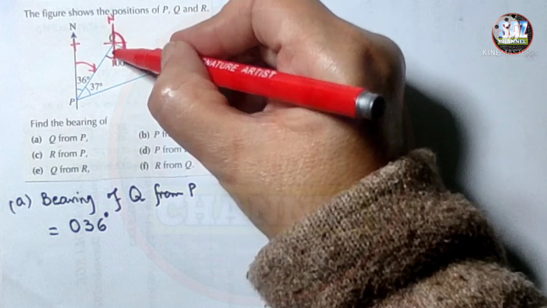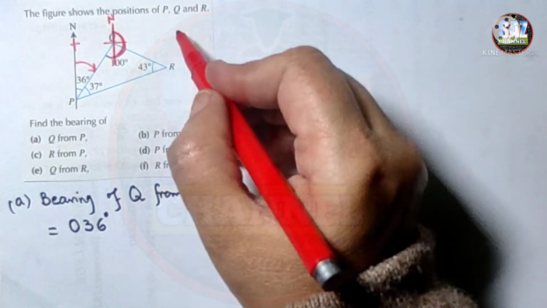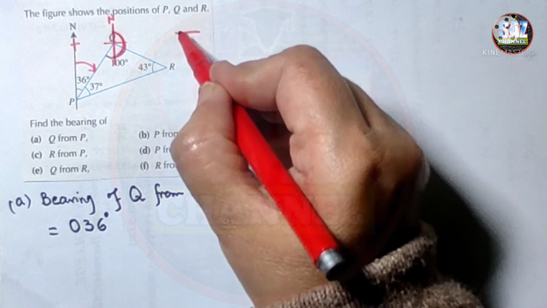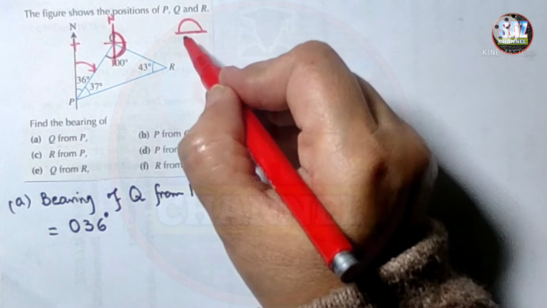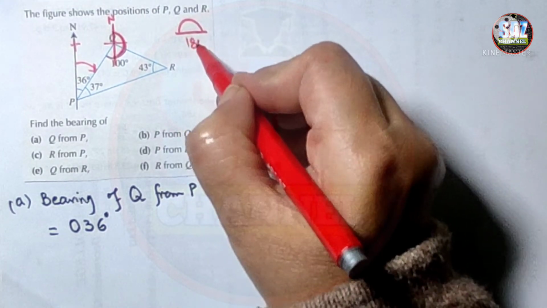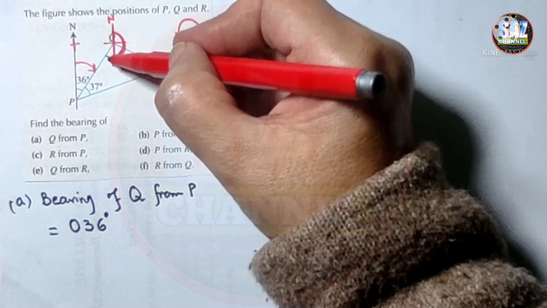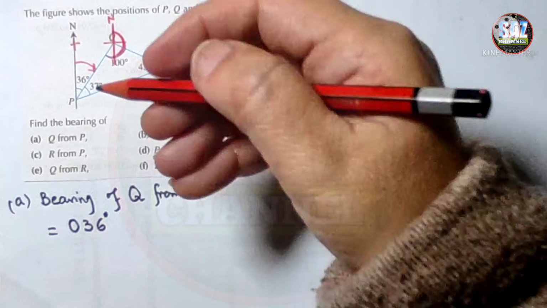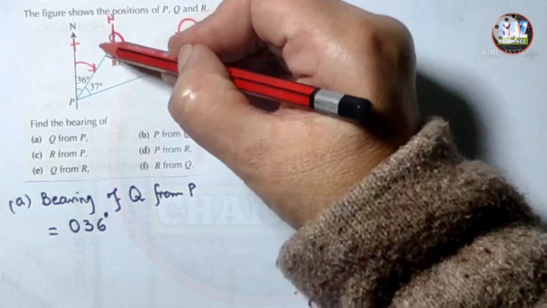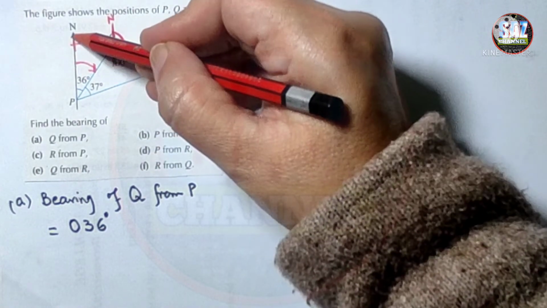Now we know that this angle is forming a semicircle, and what is the degree turn of a semicircle? That is 180 degrees. We already know that from D1, but what about this angle? Look, here we have the north at this position and north at this position.